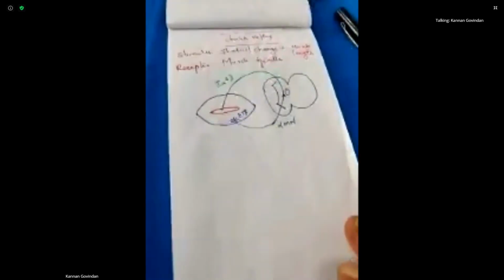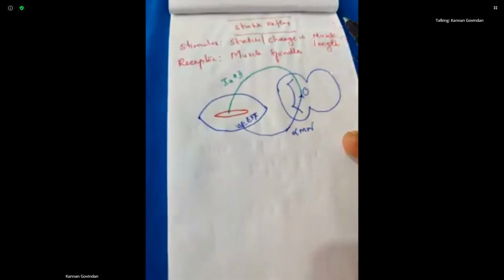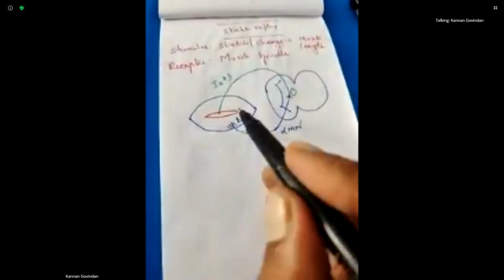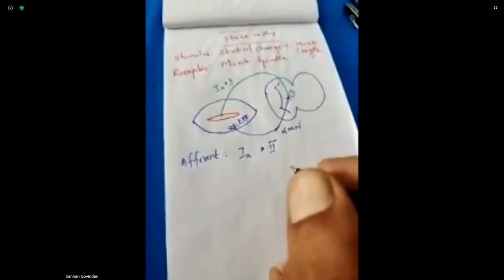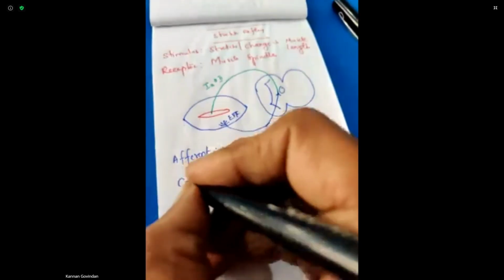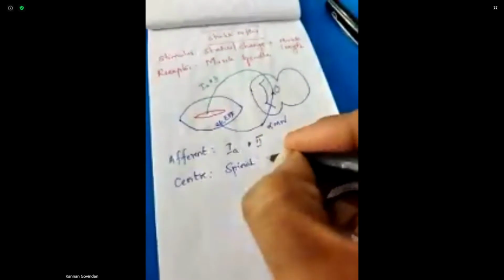So you can write this like a flowchart. So the stimulus is stretch or change in muscle length. Receptor is muscle spindle. Now afferent, type 1A and type 2 fibers, primary and secondary nerve endings. Center, spinal cord.